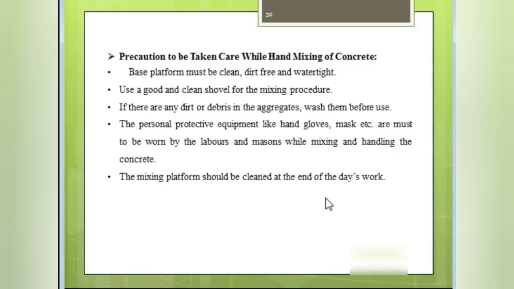Then use good quality and clean mixing equipment, that is your trowel and so on. And the mixing platform should be clean so that debris, clay, or silty material will not be included in the concrete mixing.